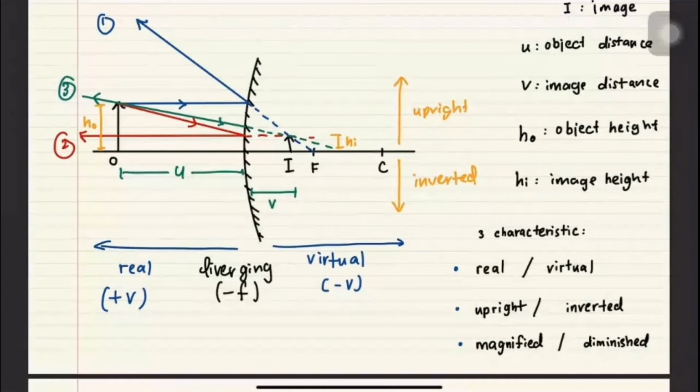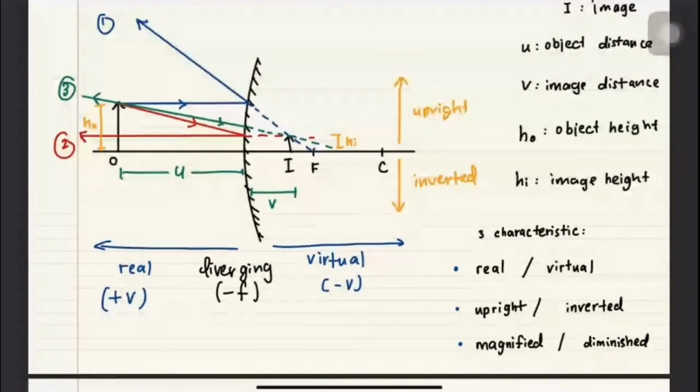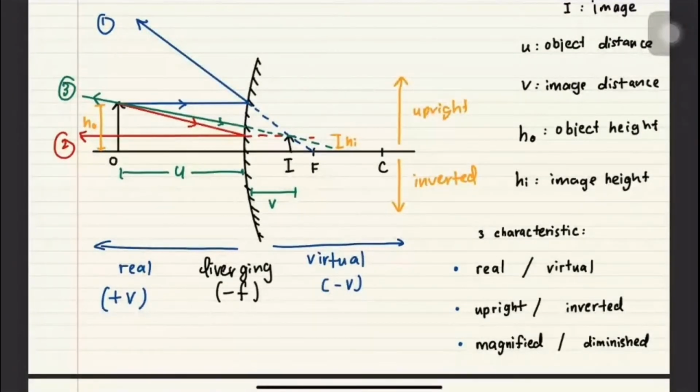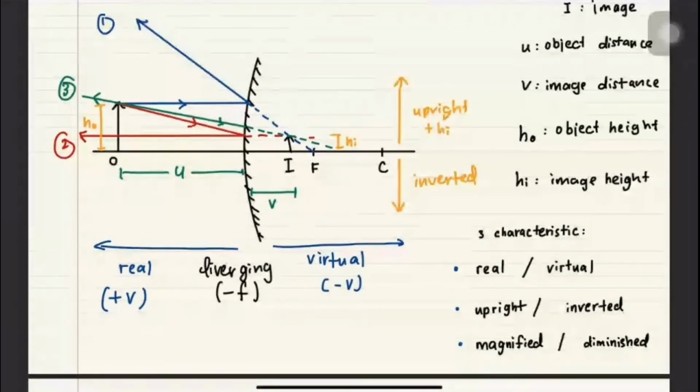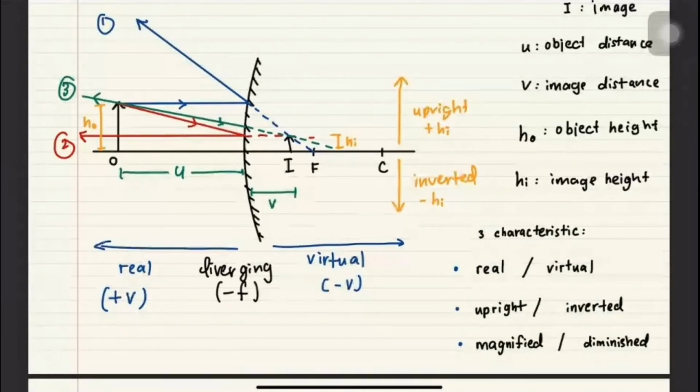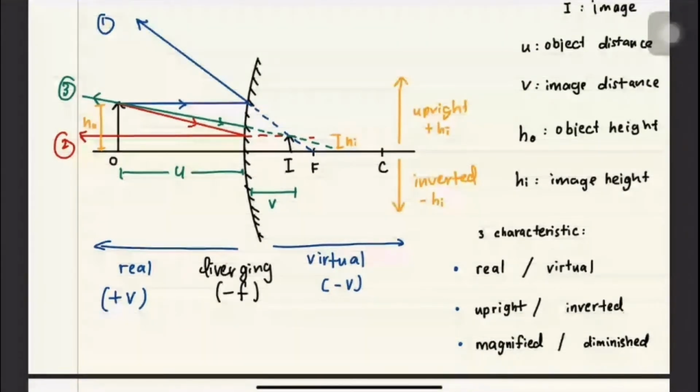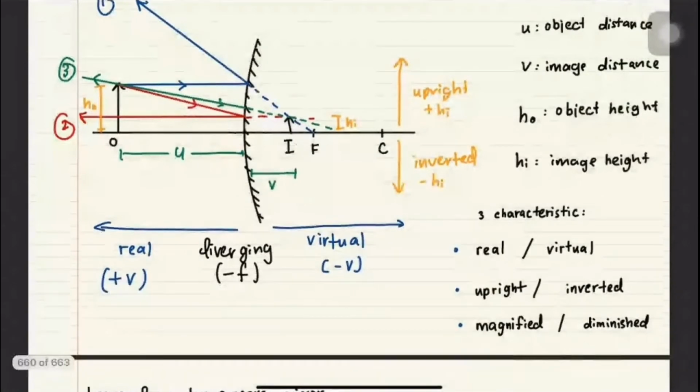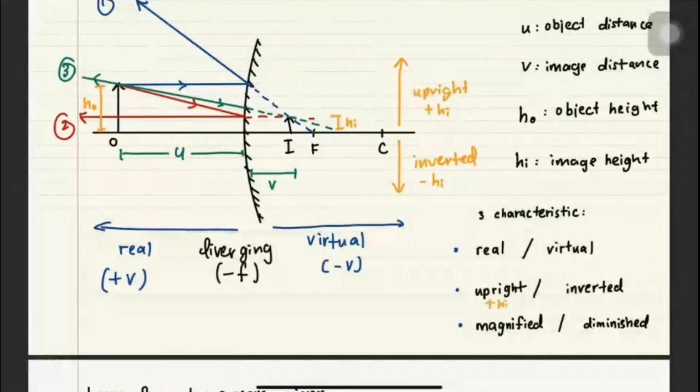So the height of the image, if it is upright, it is a positive H. If it is inverted, it's a negative H. The object is rarely negative. The image is usually positive or negative. Okay, that was about the second characteristic. Each one of these has a meaning in the formula. Later on, we will learn about it. This one is positive V and negative V.